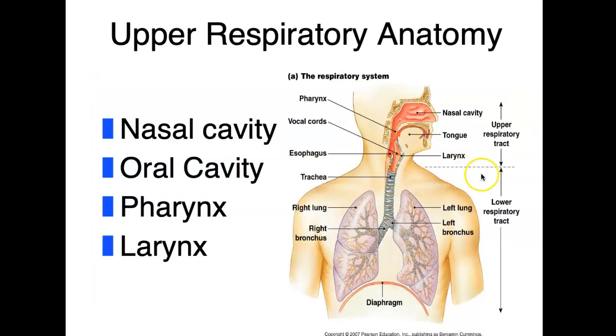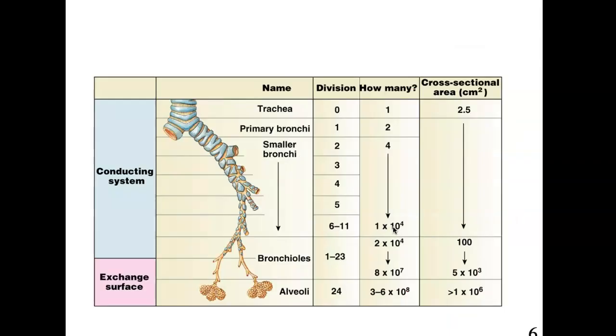Once we go beyond that and come into the trachea and the branching of the trachea, that would be lower respiratory anatomy. So when we get to lower, you'd want to take a look at this chart and not memorize these numbers, but you think of a trachea coming down and then it's going to branch. So it's going to branch so that it can go into right lung and left lung.